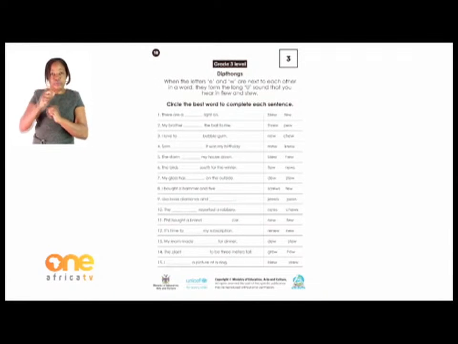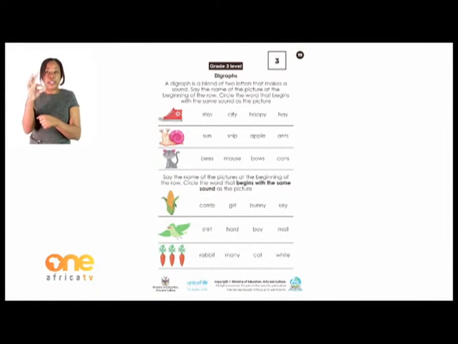Okay, so we move on to page 3. We have a very fun activity there with nice pictures. Okay, we are going to look at a digraph. Digraphs on page 19. Okay, so what are we going to do here? What are digraphs?